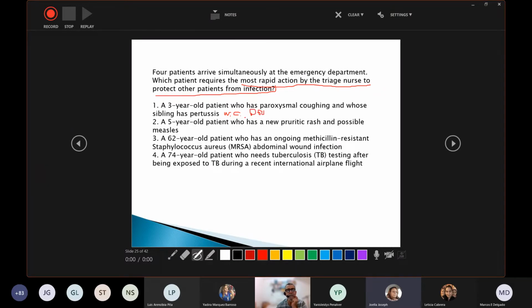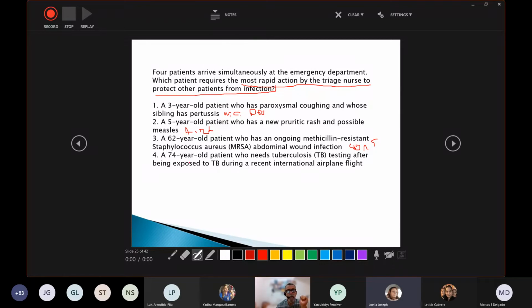A 5-year-old who has a new pruritic rash and possible measles. Measles is airborne. A 62-year-old with MRSA, it is contact. It's the least contagious until now because it's not air, it's contact.